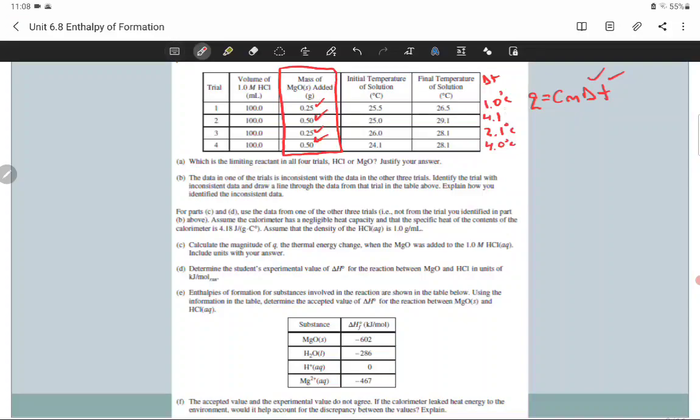Now remember, this is all experimental, so they're not going to be perfectly a change of double or whatever. But it certainly now looks like trial 1 is not consistent, because it doesn't go by that same change of delta T that you get with trial 2, trial 3, and trial 4. And we can look at the answers later on, but I believe that's what they mention.